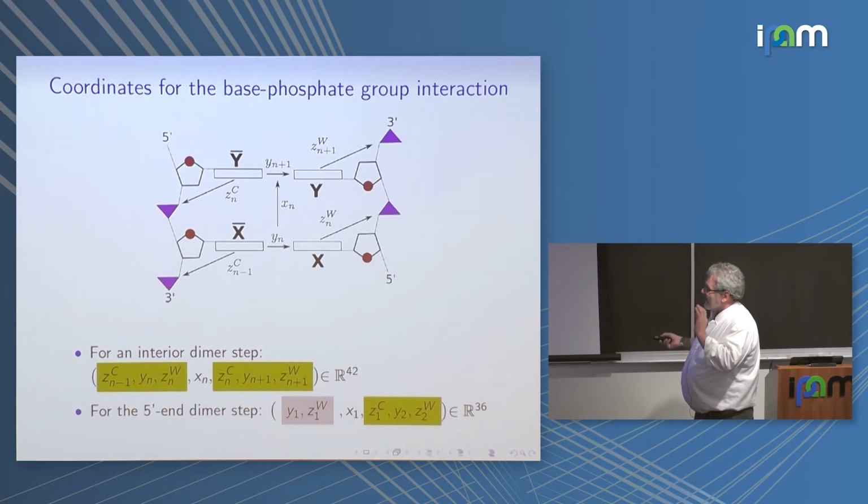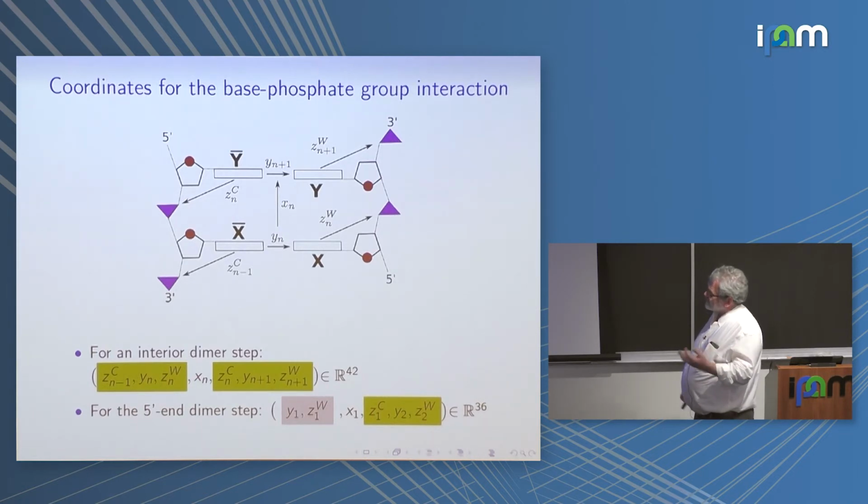And the point is that whenever I have a more detailed model, it's a nested chain. So the degrees of freedom in the inter model are a subset of the rigid base model, and those degrees of freedom are a subset of the degrees of freedom of phosphates and bases. So you can actually take a chain of marginals. Now I've told you that we estimate these by running MD simulations.